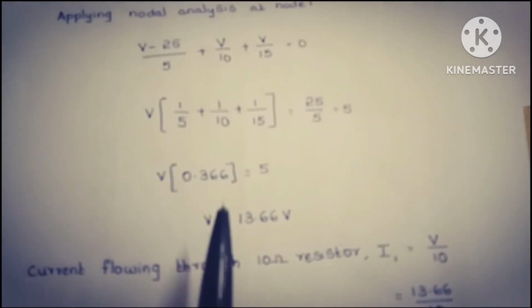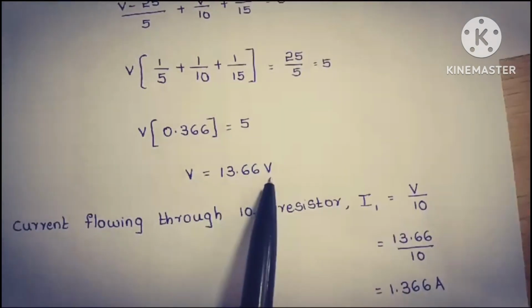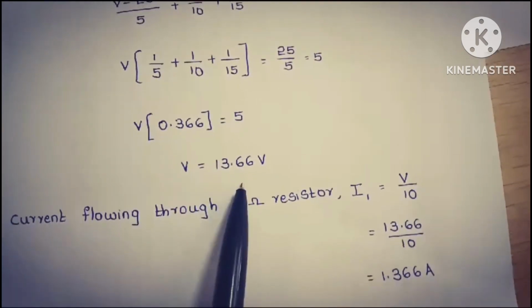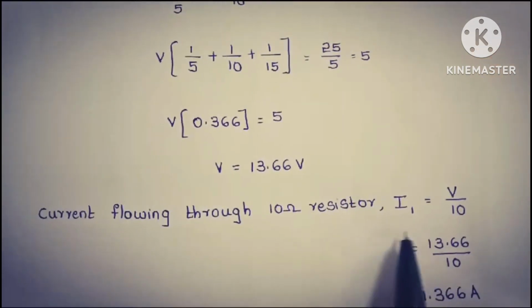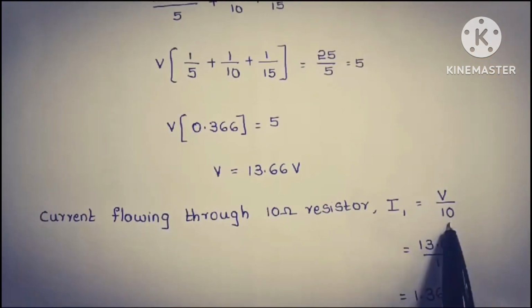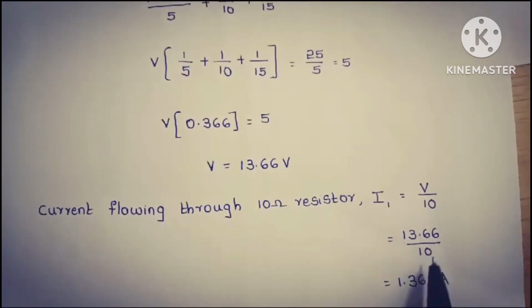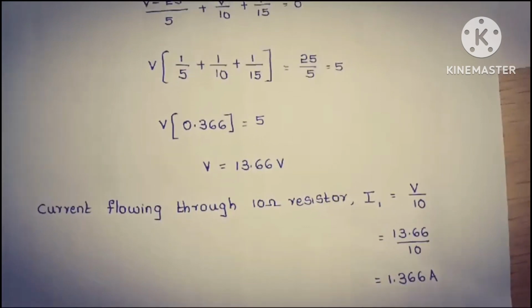On solving this equation, we get V = 13.66. Once we find the voltage, the current flowing through the 10 ohm resistor is V/10, that is 13.66/10, which is equal to 1.366 amperes.